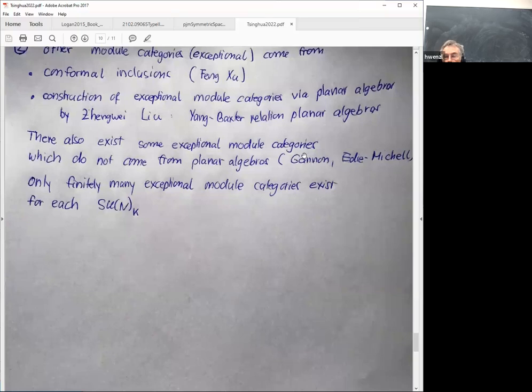And they were found by Terry Gannon and by Edie-Michell, and I think Terry used some vertex operator algebra results for some of these exceptional module categories. But in general, there are only finitely many exceptional module categories for each SU and K, and this is again some recent result by I think Andrew Schopieray and Terry Gannon.